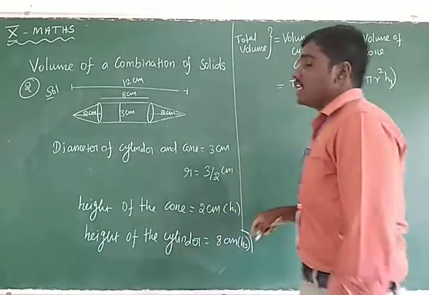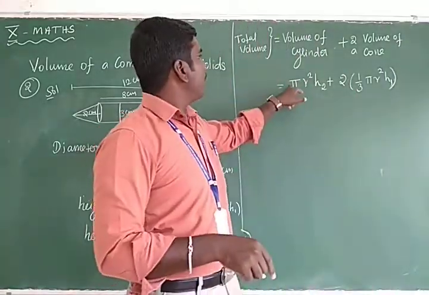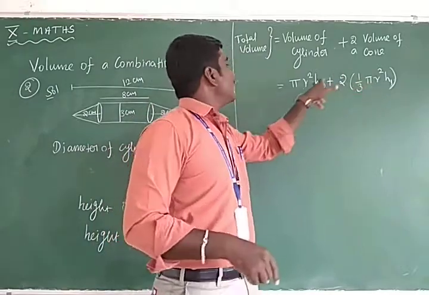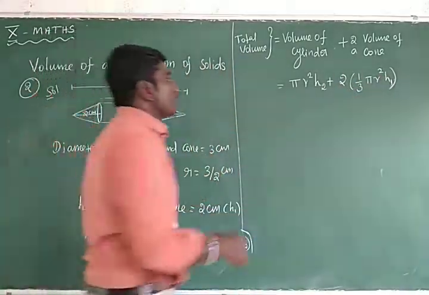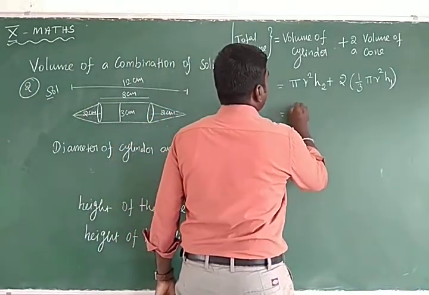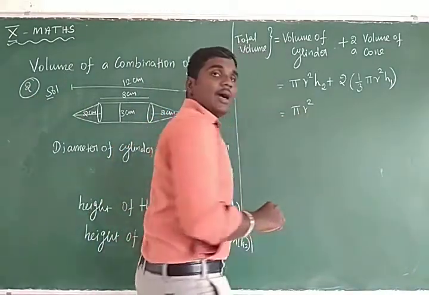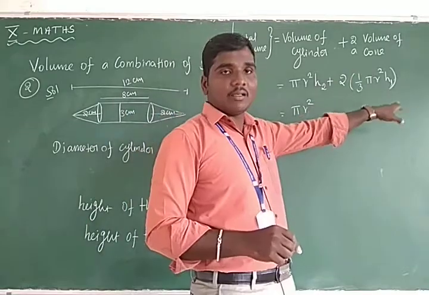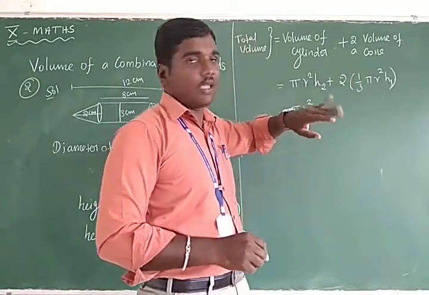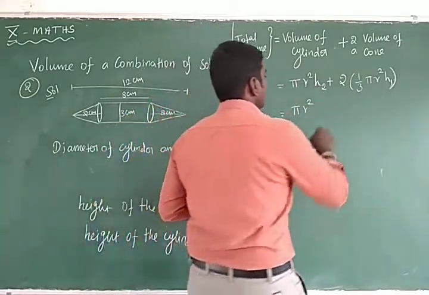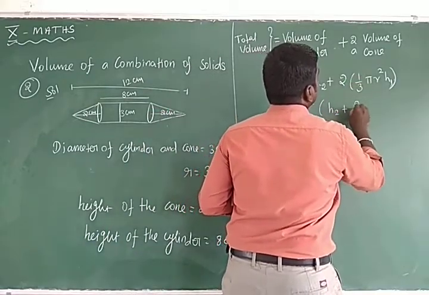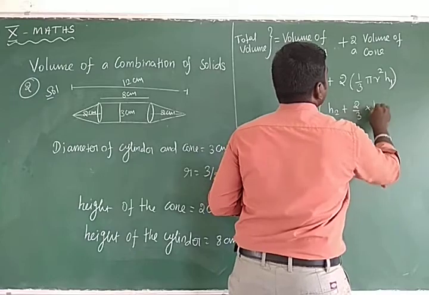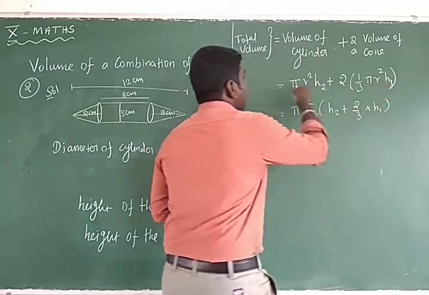Pi is common, r square is also common because both radius values are the same. So I will take pi r square as common. H is also the same symbol, but the values are different, so we cannot take it as common. So h2 plus 2 by 3 into h1, with pi r square already taken as common.